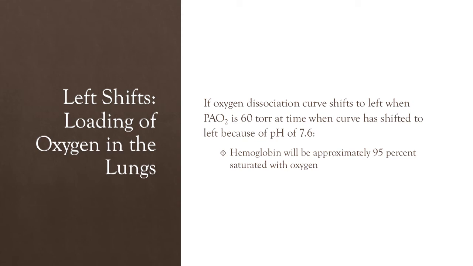Now let's talk about what happens when the curve shifts to the left. Left shifts happen when the pH is alkalotic. If the oxygen dissociation curve shifts to the left when the alveolar O2 is 60 torr, at a time when the curve has shifted to the left because of a pH of 7.6 or an alkalotic pH, hemoglobin will be 95% saturated with oxygen instead of that 90% that it normally would be.